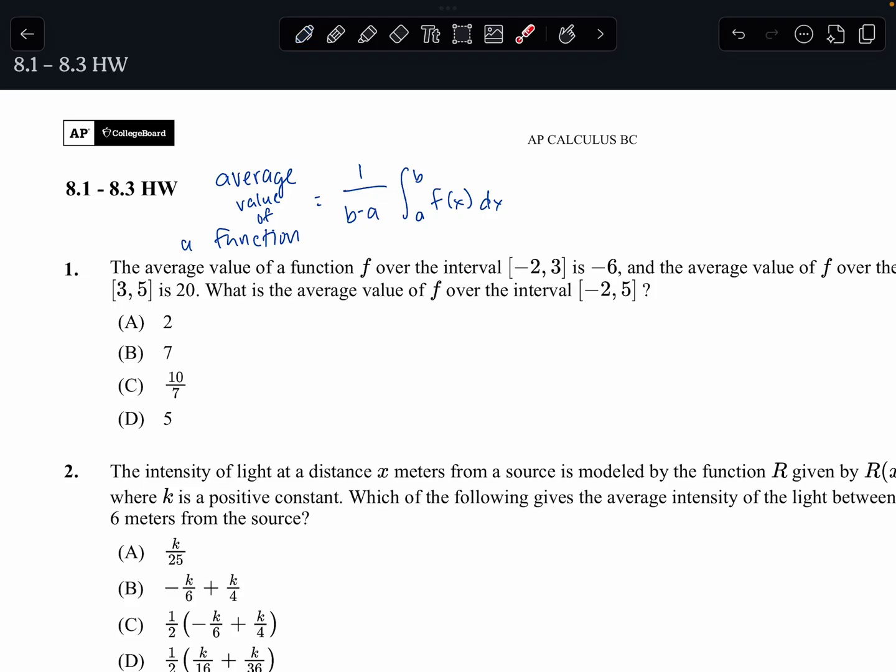That's really all it is. It's just saying it's the average value of whatever f is. So without any context, it's basically the average y value.